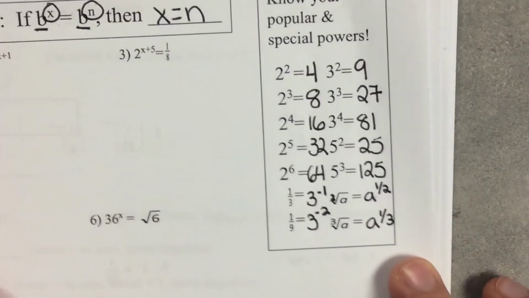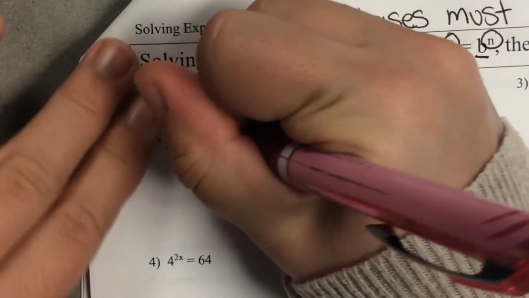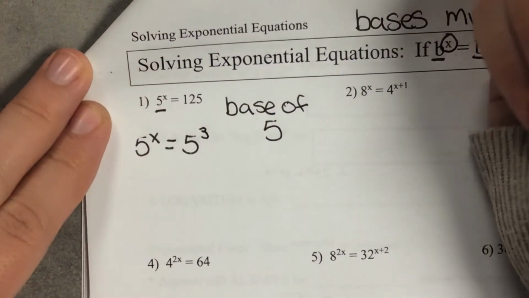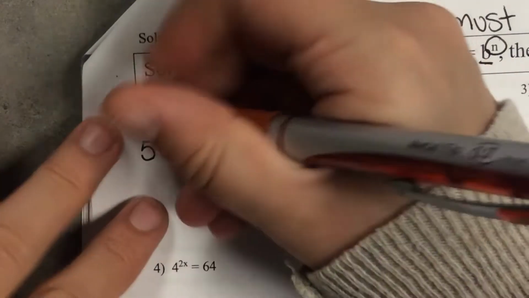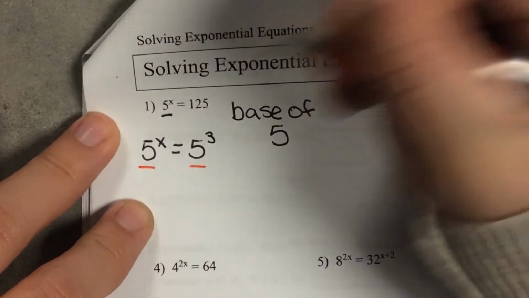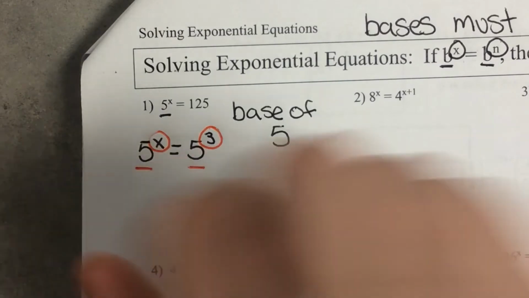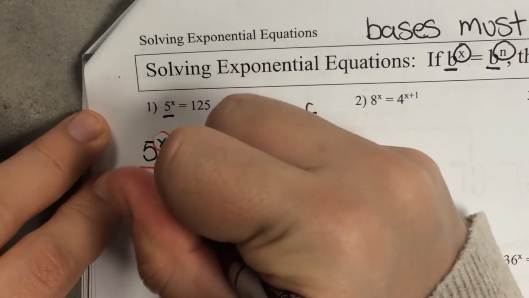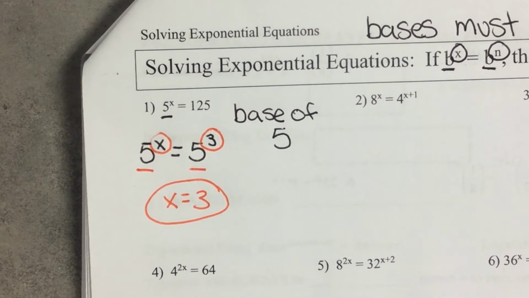Well, if we look over at our chart, 5 to the third power is 125. So we can go back over here and write this as 5 to the third power. It's the exact same thing, but now that our bases match, these 5s match, then we can say our exponents must be equal. If these are equal, then the exponents must be equal. So we can say x equals 3, and look at that, we are done.